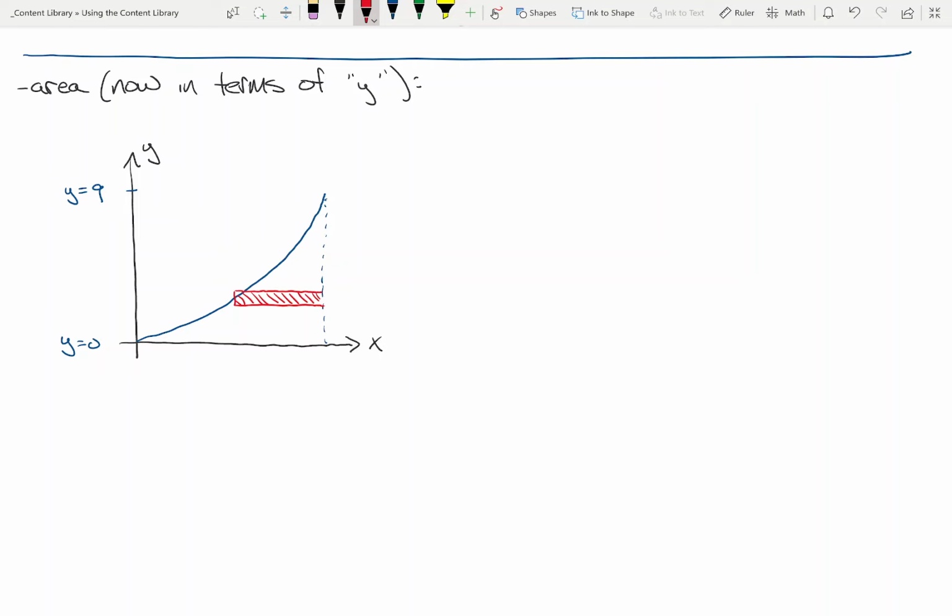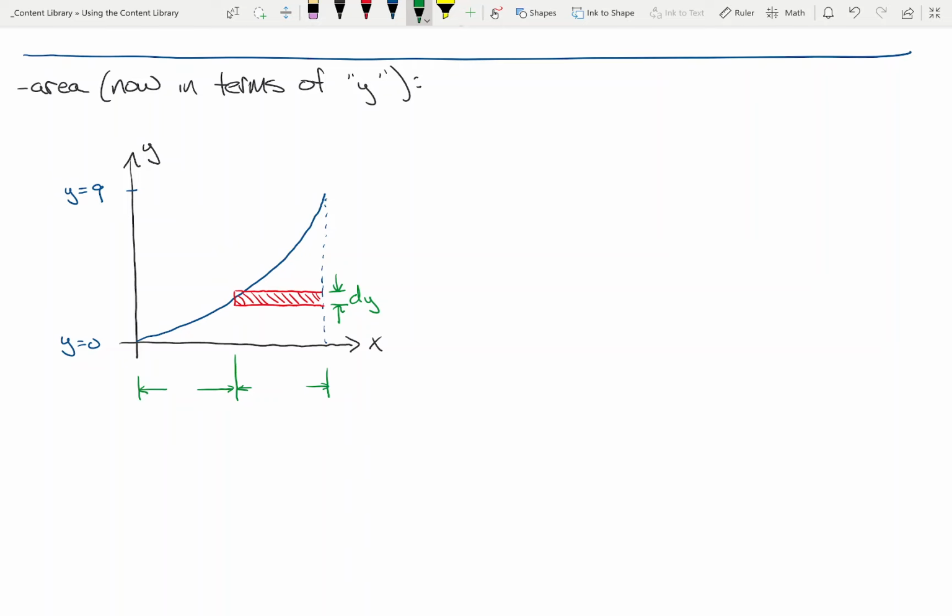All right, so let's see what we can see. First off, what is this thickness going to be? dy. Is that fair? Okay. Let's talk about this.